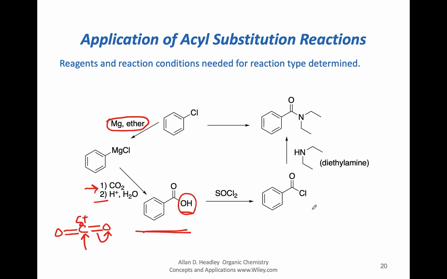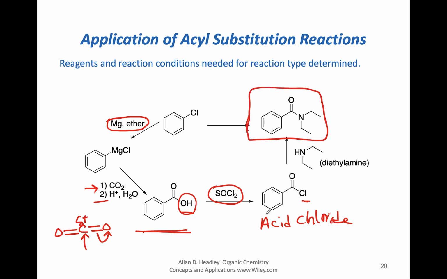It's best to convert it to a better leaving group, such as Cl. Thionyl chloride can do that job. Once you have an acid chloride here, you can react it with an amine to form this bond right here. So this is your target molecule by the reaction of an acid chloride, or the acyl substitution reaction of an acid chloride with an amine to get the target molecule.